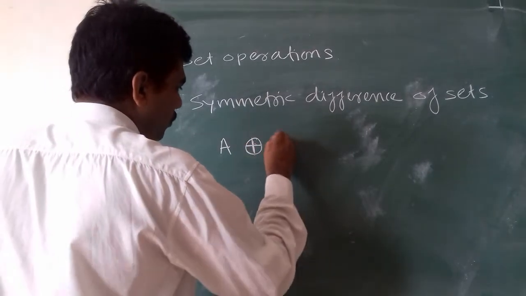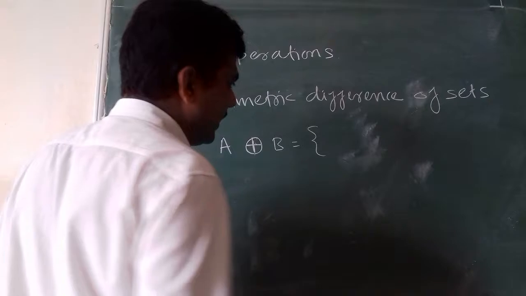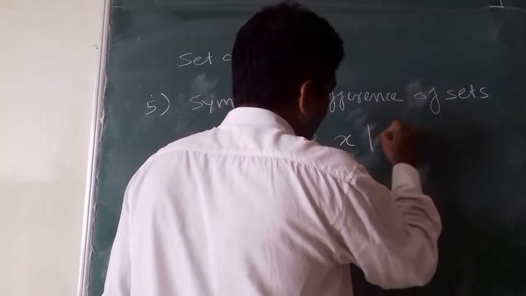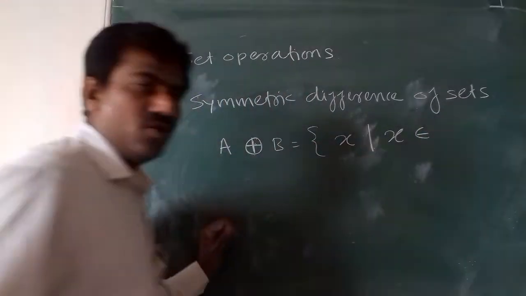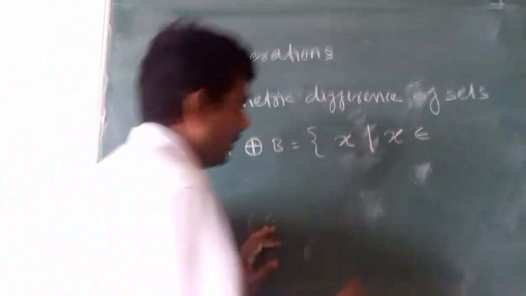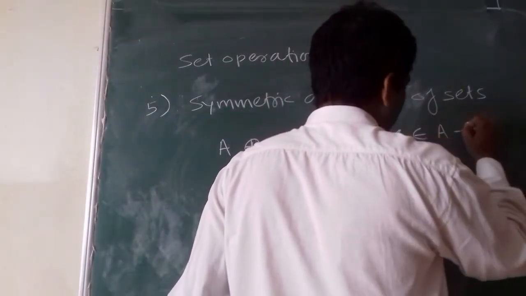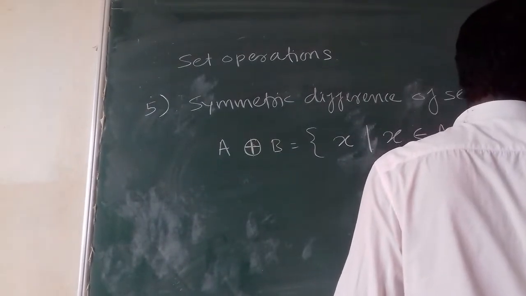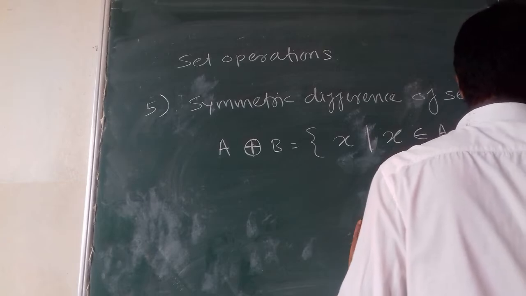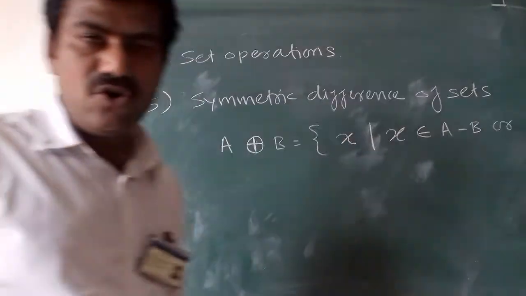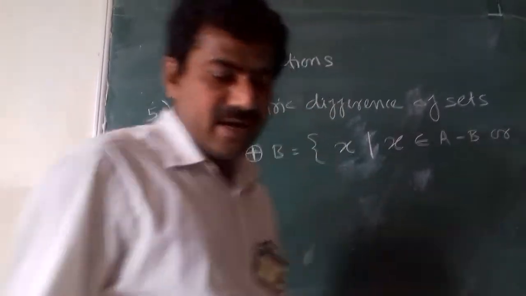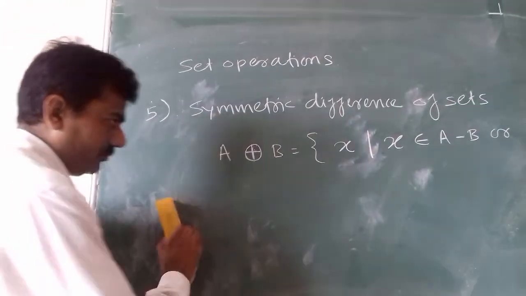Then this symbol shows the symmetric difference, and it is defined as the set of x such that x belongs to A minus B, or x belongs to B minus A. Right?